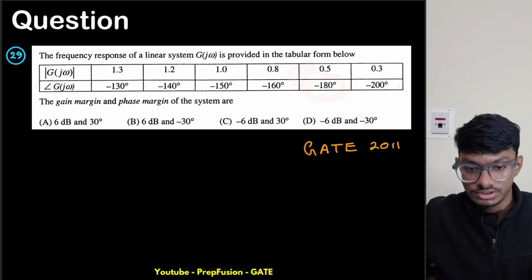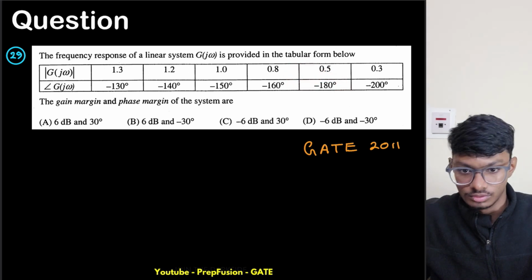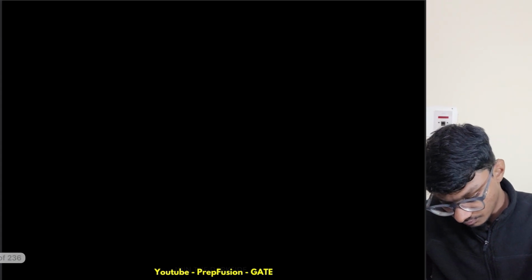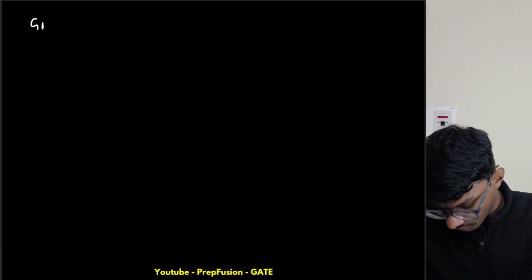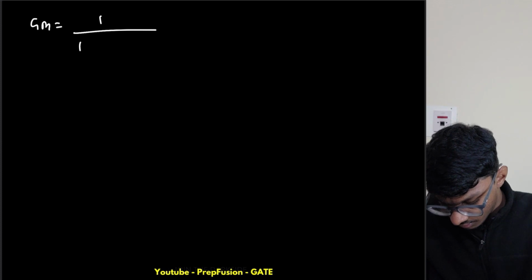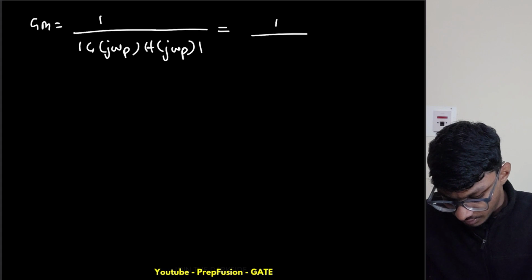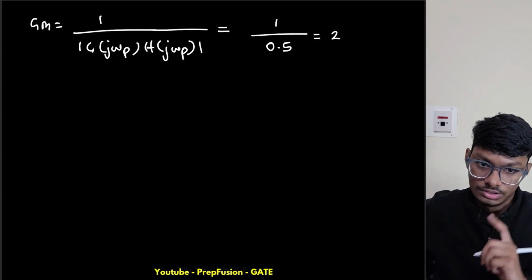The inverse of this one is 2. So gain margin is 1 divided by the magnitude of G(j omega p) H(j omega p), which is 1 divided by 0.5, equal to 2.